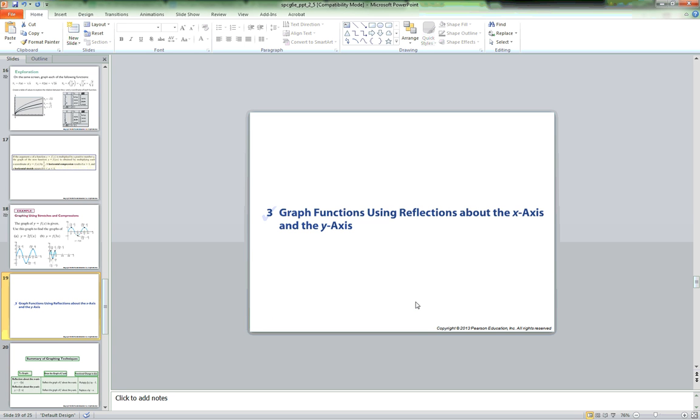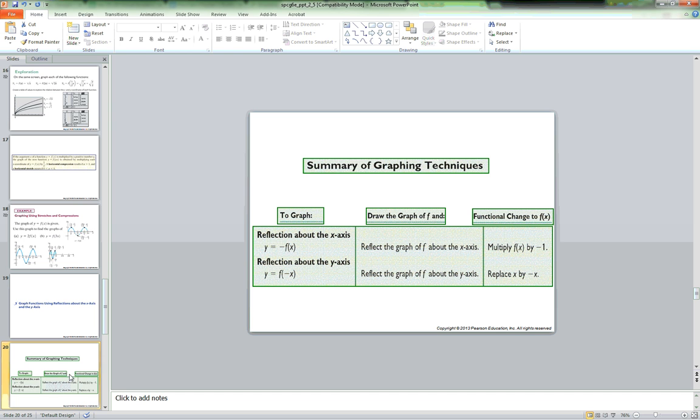All right, we are going to then graph functions using reflections about the x-axis and the y-axis. And the takeaway from this learning objective is, and we've already done this, we've tested symmetries, we've done this process together already, so this should be familiar, and if it's not, memorize it so it becomes familiar.